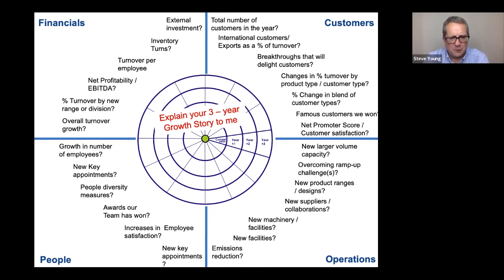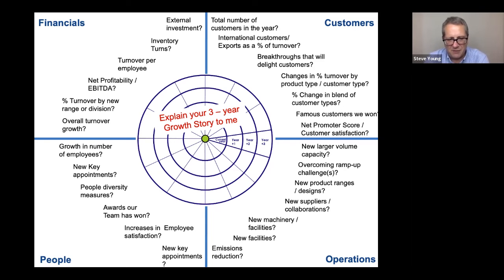But what else about people? Diversity issues. What about awards that your team has won? Can you think of any of those? Maybe in year 1, it's a local award, maybe year 2, a regional award, and maybe year 3, a national award for best company to work for, or best team, or some industry award.